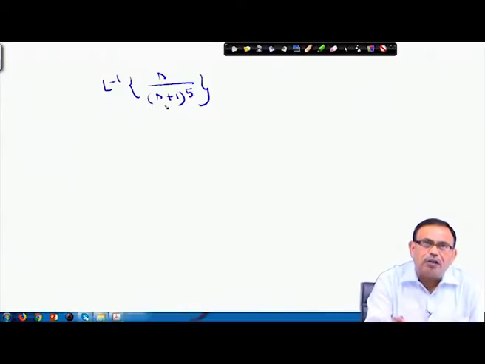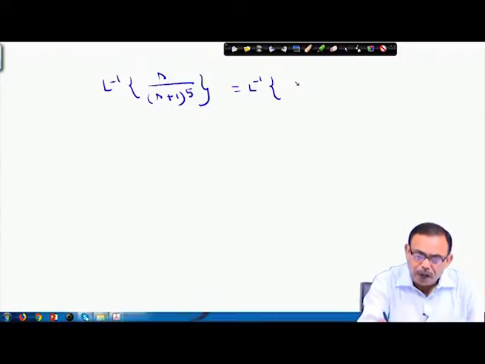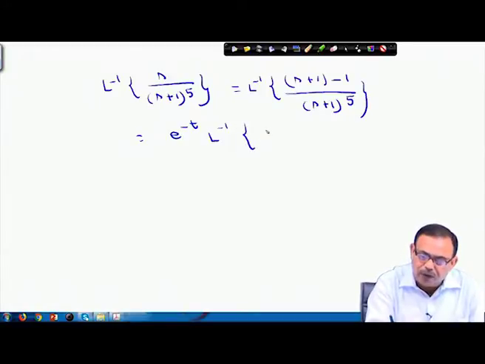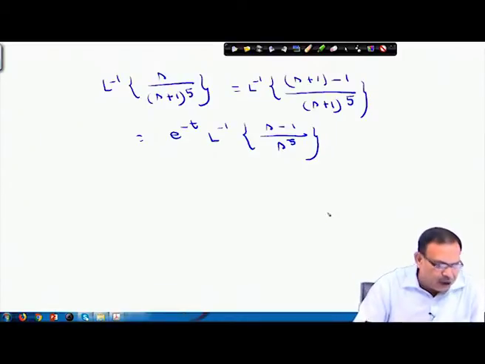Like the earlier example, I will try to make it as (s plus 1 minus 1) by (s plus 1) to the power 5, and this equals again e to the power minus t into Laplace inverse of (s minus 1) by (s plus 1) replaced by s. So, (s minus 1) by s to the power 5, and this is very simple.